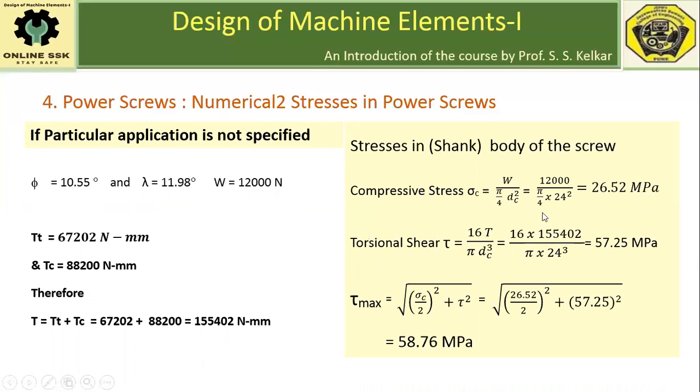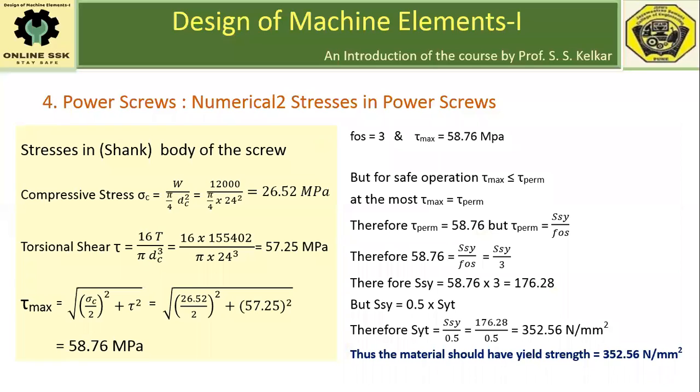DC is also known to us. So tau is equal to 57.25. Now using the value of sigma c and tau in the formula, we can calculate maximum shear stress developed inside the body of the screw, which in this case is equal to 58.76 megapascal. Megapascal means Newton per millimeter square.